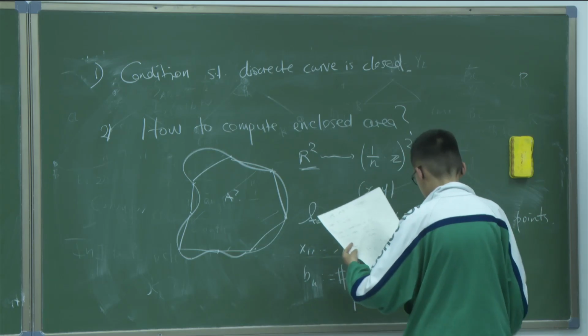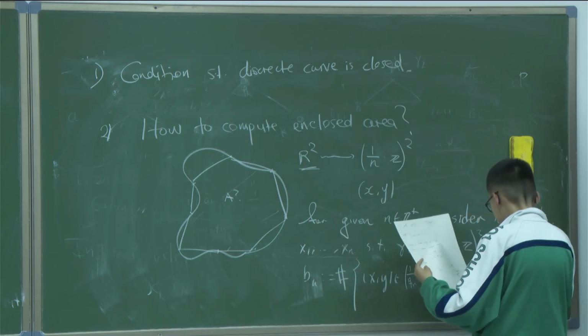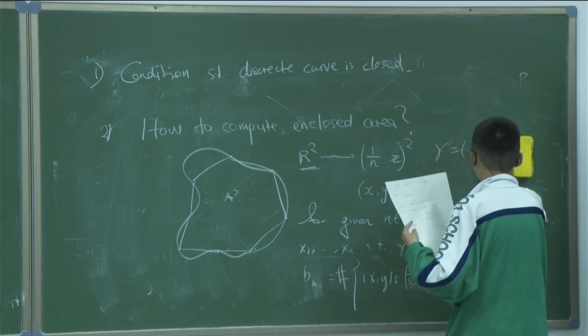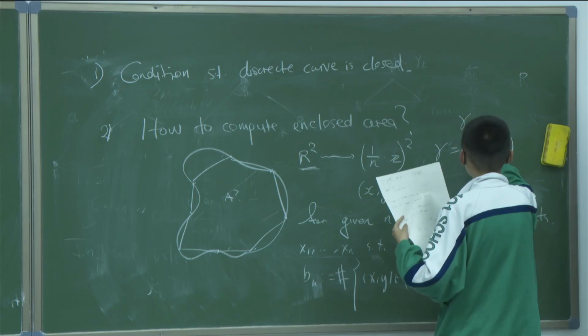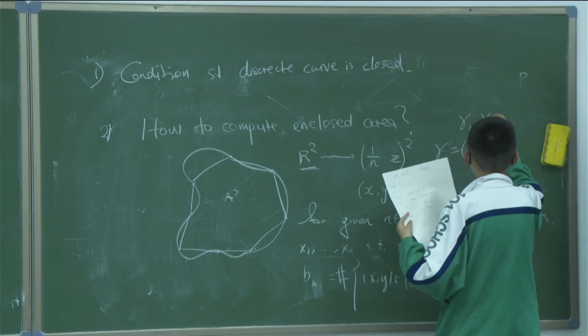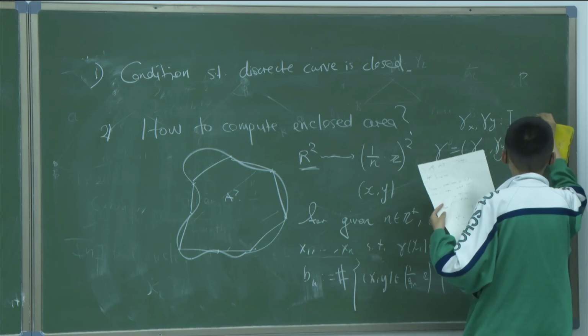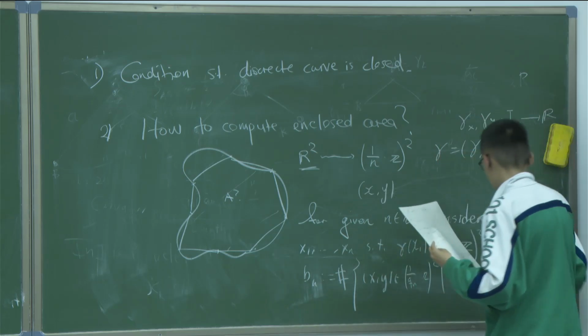squared, such that there exist alpha and beta such that gamma, we can write it gamma x, gamma y, where gamma x or gamma y is given on the interval L to R. You can do that.